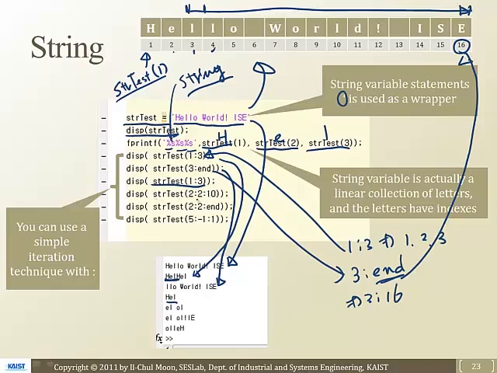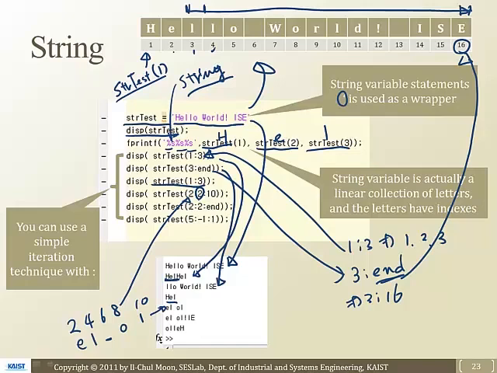And here is an interesting thing. What does this mean? 2 to 10, but with a step of 2. With a step of 2: 4, 6, 8, 10, right? That means we are going to print out E and L and blank and O and L. That's what is happening here.